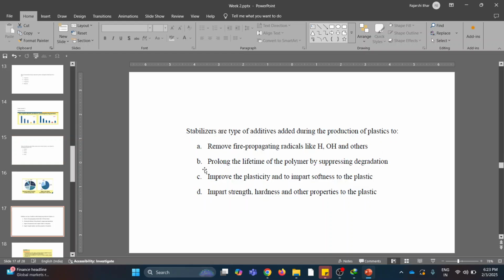So coming to the next question, stabilizers are a type of additives added during the production of plastics. So you have to select which one of the four is the role of stabilizers.